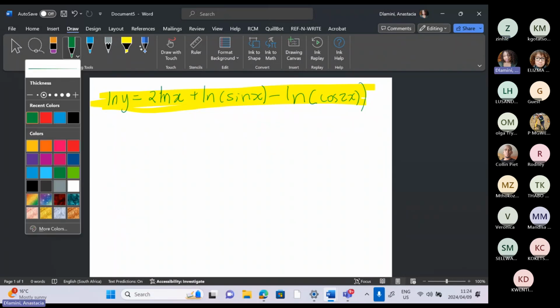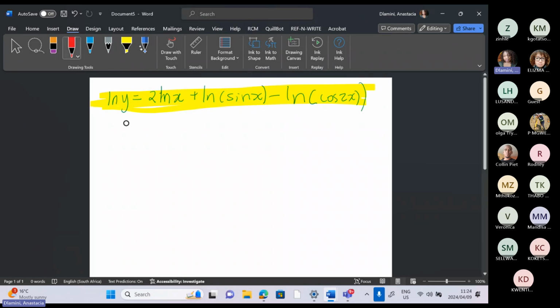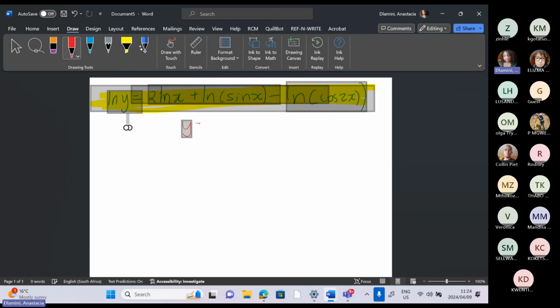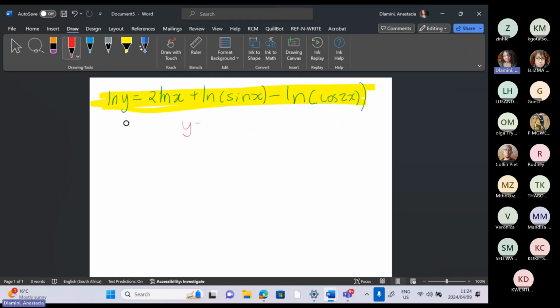Yes. Now, from the standard laws that we learned previously, because you guys said you practiced, we know that if we are given y is equal to ln of a function f of x, dy over dx is equal to 1 over f of x times the derivative of f of x.